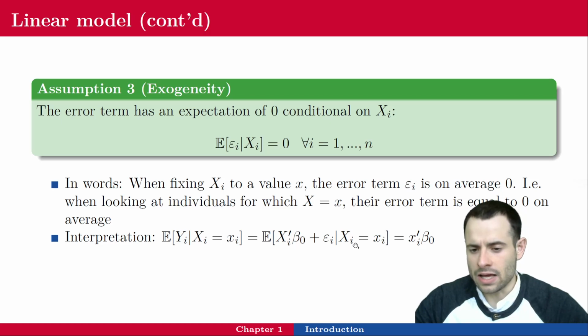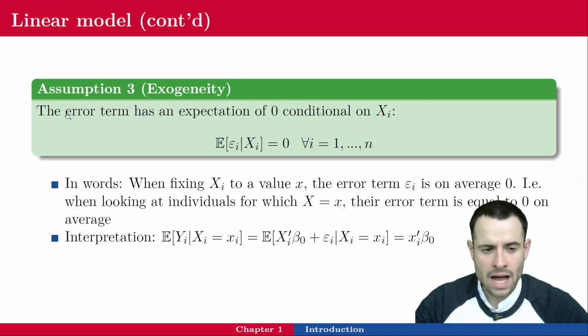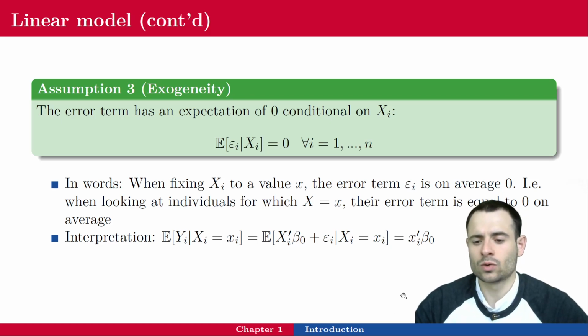Now, if big X is equal to small xi, then I have to replace this big X by a small x, because I am fixing big X to small x. And since the expectation of epsilon i given xi is equal to 0 by assumption 3, the second term disappears, and what I am left with is that on average, if big X is equal to small xi, y is equal to xi prime times beta 0.